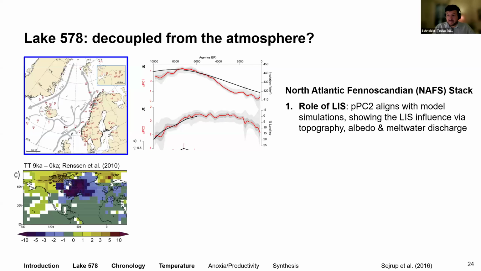And Renssen and colleagues in 2010 investigated this exactly based on these assumptions. And what they found, when they compared the years 9000 to present, so exactly the timing of when Lake 578 starts to show warmer temperatures, is this: here's Greenland, that's the Labrador Sea, that's Iceland, and over here's Scandinavia.